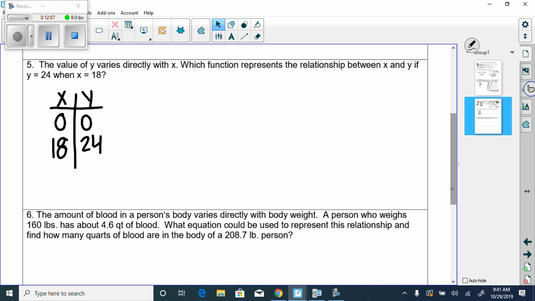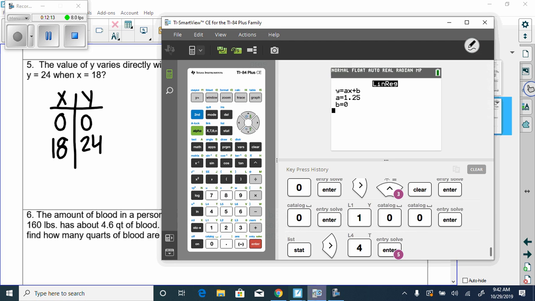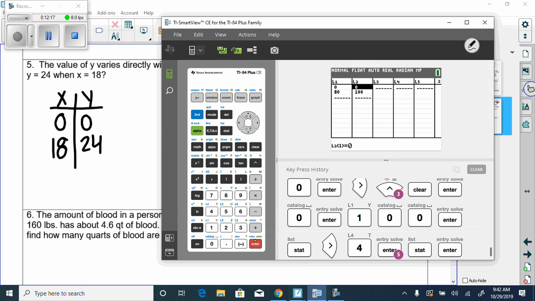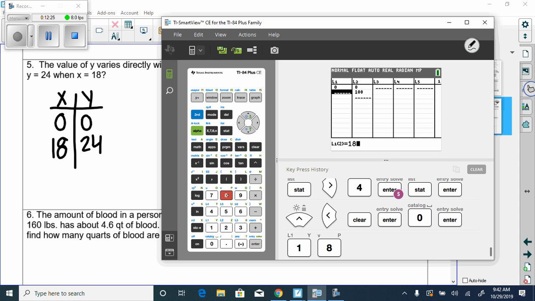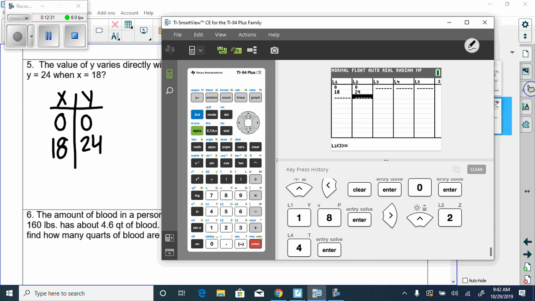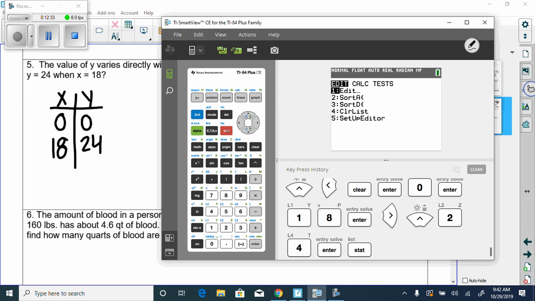So there's 2 coordinate points. And we could put this in our calculator again. Or you could do it by hand. 0 and 18, and then 0 and 24.